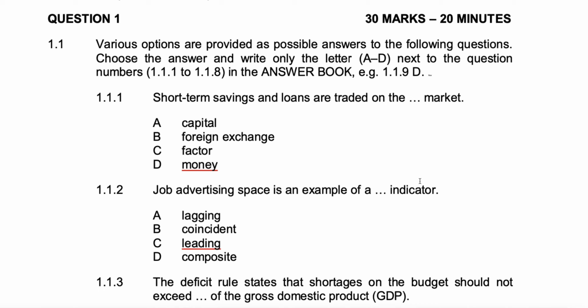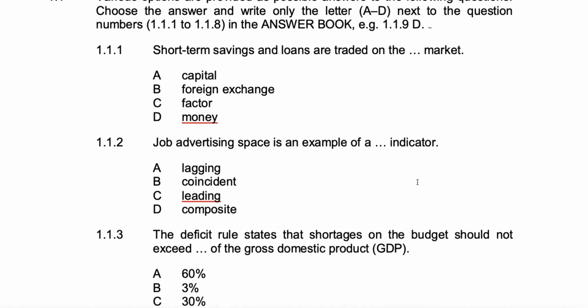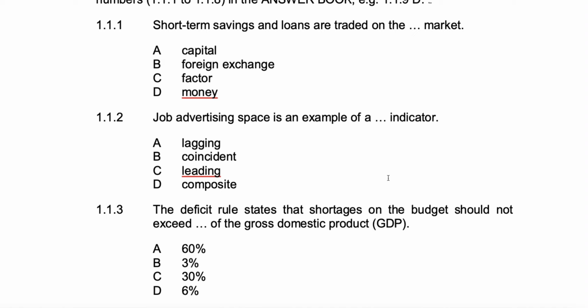So it tries to ensure that finance ministers are not reckless with their spending. They shouldn't over borrow. So the answer will be 3%, and the distractor is 60%.